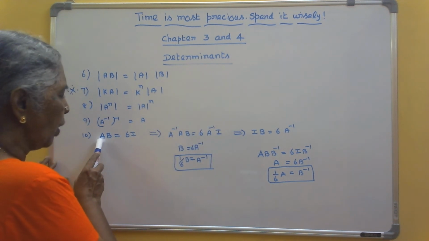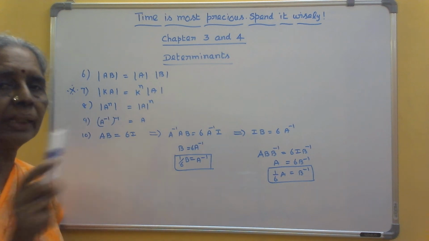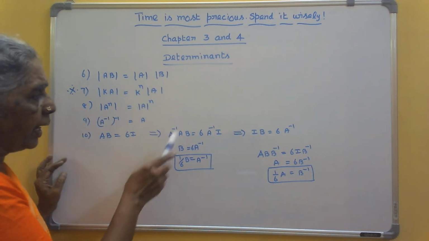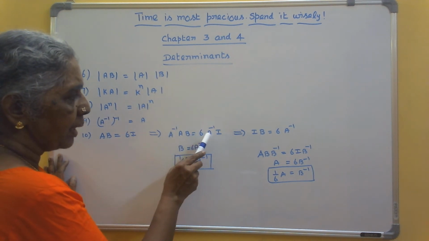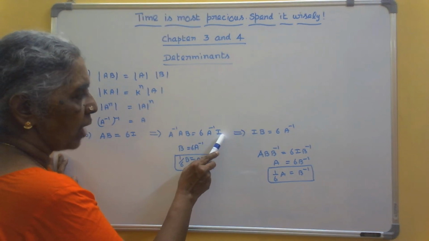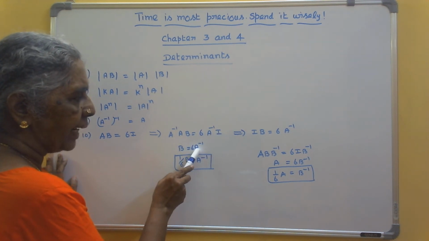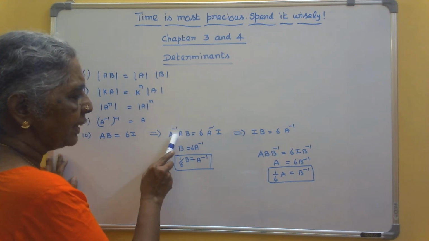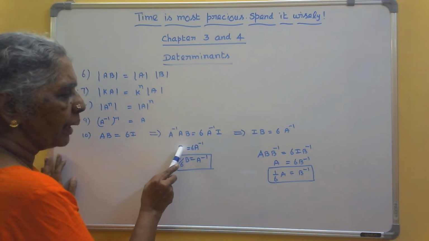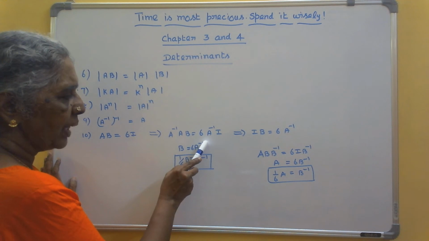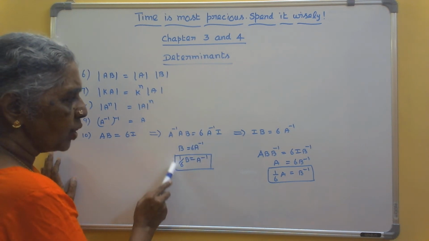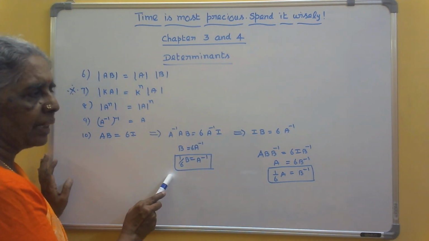I am now pre-multiplying both sides by A inverse. So, I get A inverse AB is equal to 6A inverse I. Because I am multiplying by I, I will get 6A inverse. A inverse A is I, into B will be B. So, B is equal to 6A inverse. So, A inverse will be 1 by 6 B.